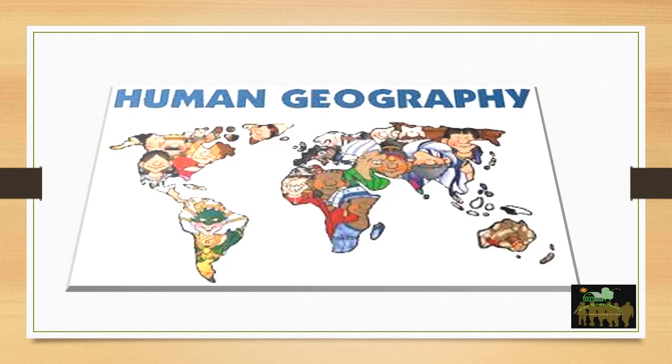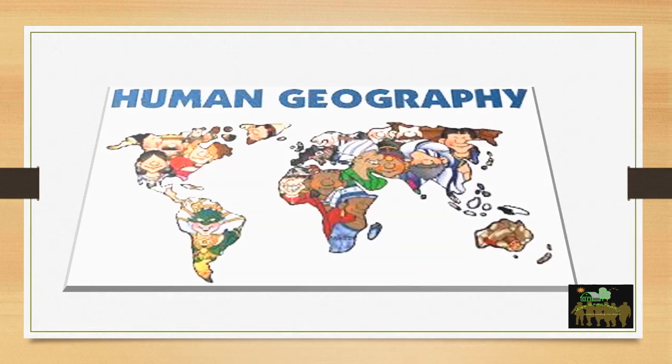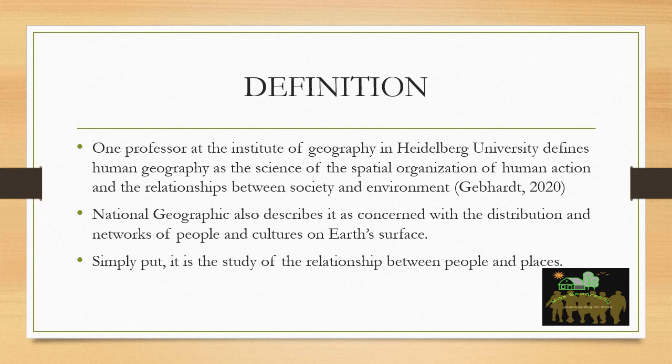How does this relate to human geography? Simply put, this tells me that human geography is more about how human beings fit into or how they are able to relate with the world. So human beings and their world. We will better understand it in the following slides.